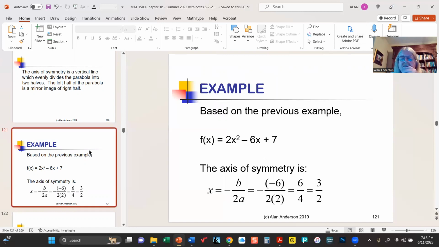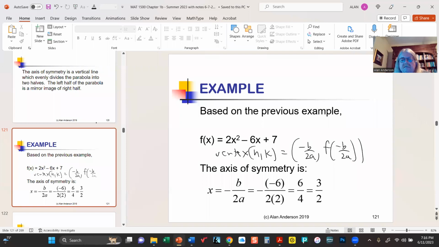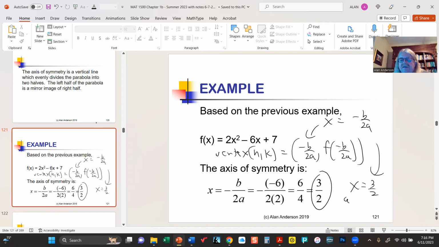Remember, we found that for the vertex the x coordinate happens to be 3/2, and that is the axis of symmetry.